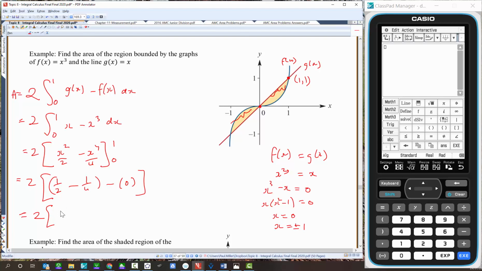Quarter removed from a half is a quarter. All right, so half a unit squared. All right, see how the calculator goes with that one. Integral from 0 to 1 of x take x cubed dx. Okay, it's a quarter and multiply it by 2 and it's a half.